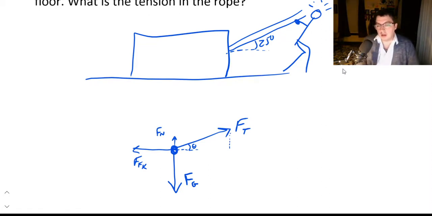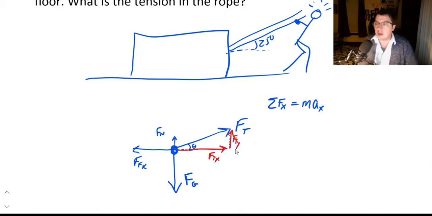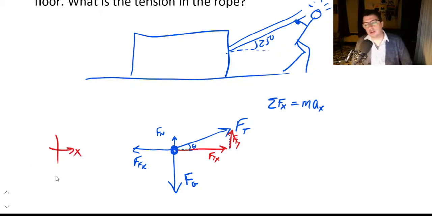Now, if I want to write my equations, the sum of forces in the x direction equals mass times acceleration in the x direction. Well, my sum of forces in the x direction are, let's color code here, I have the x component of the tension, Ftx, and we also have the y component of the tension, Fty. Since tension is at an angle, our coordinate system, maybe we can be a bit more explicit about it, is our usual x to the right, y up coordinate system.